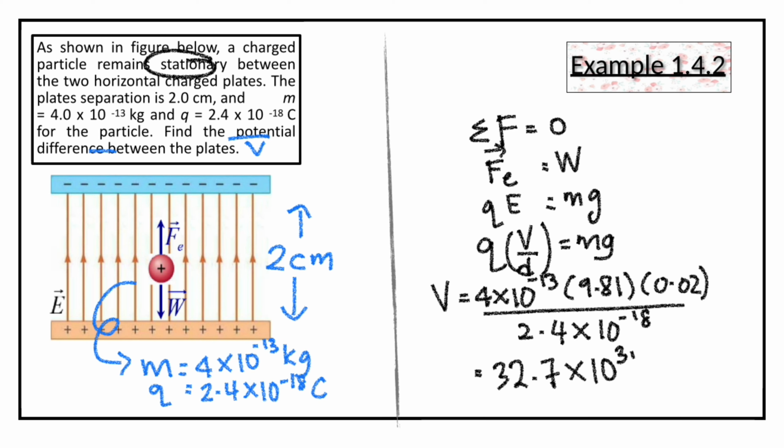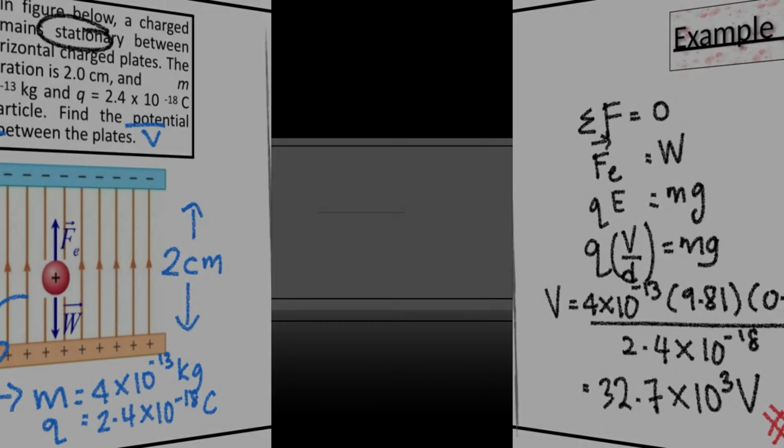So we get 32.7 times 10 to the power of 3 volt for the potential difference.